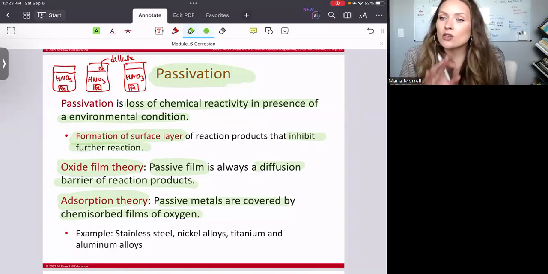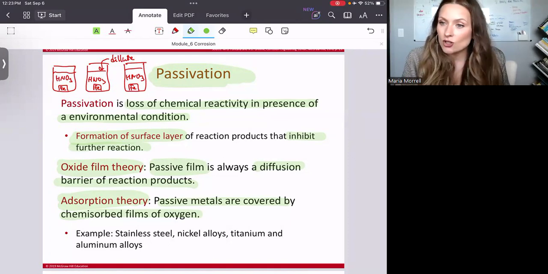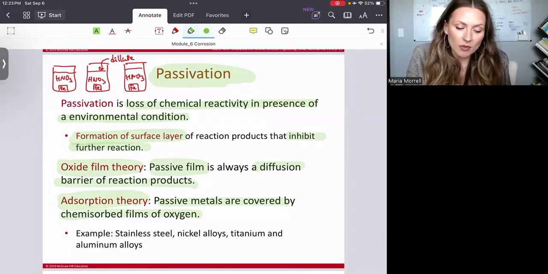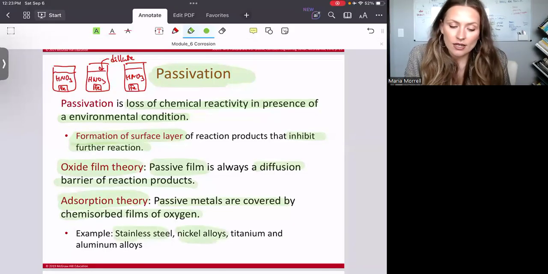But even though we cannot explain exactly what happens, luckily for us, the metals that exhibit this behavior are the metals that we commonly use in construction and engineering. Those metals include stainless steel, nickel alloys, titanium, and aluminum alloys.